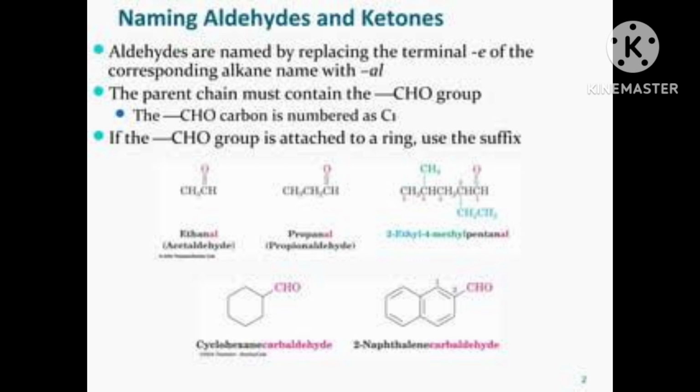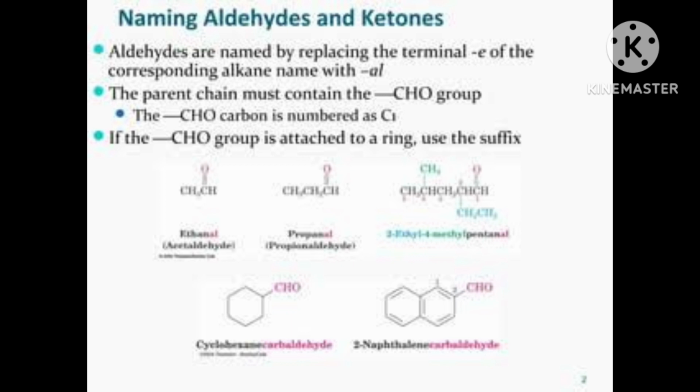Propane has 3 carbons, and on each carbon one hydrogen is gone and a CHO group is attached on all 3 carbons. Then the first carbon will keep 2 hydrogens, the middle carbon 1 hydrogen, and the last carbon 2 hydrogens.